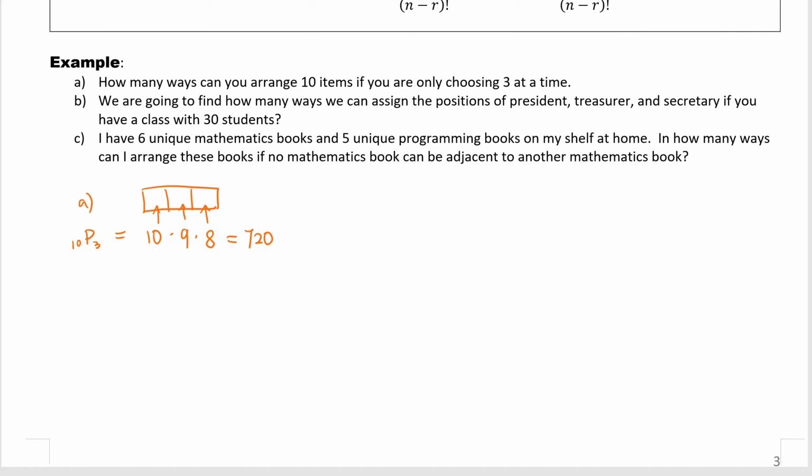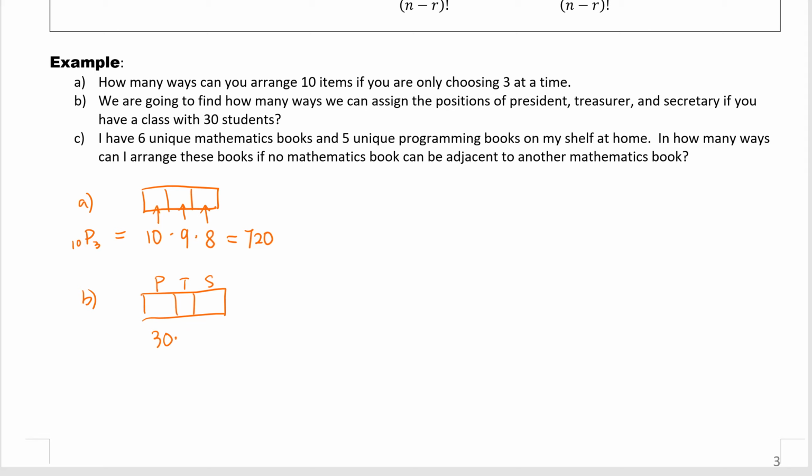Then part B: how many ways can we assign the positions of president, treasurer, and secretary if you have a class with 30 students? We have 3 positions. For president, there are 30 students to choose from. How many choices are left for treasurer?